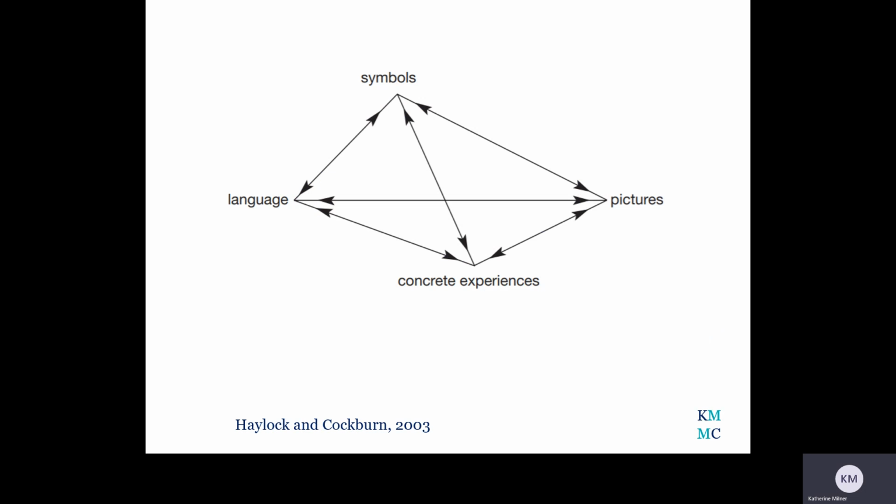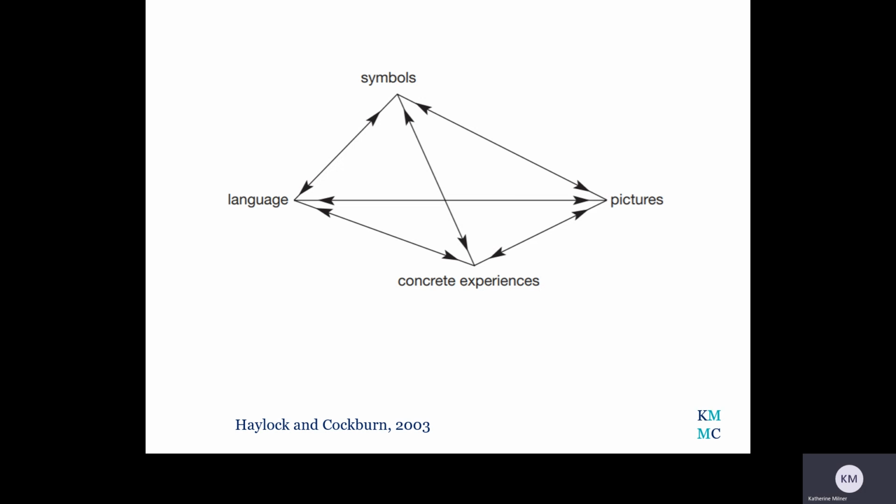So, for example, you may be familiar with this connections model developed by Haylock and Coburn. They suggest that a mathematical concept can be thought of as a network of connections between symbols, language, concrete experiences, and pictures.